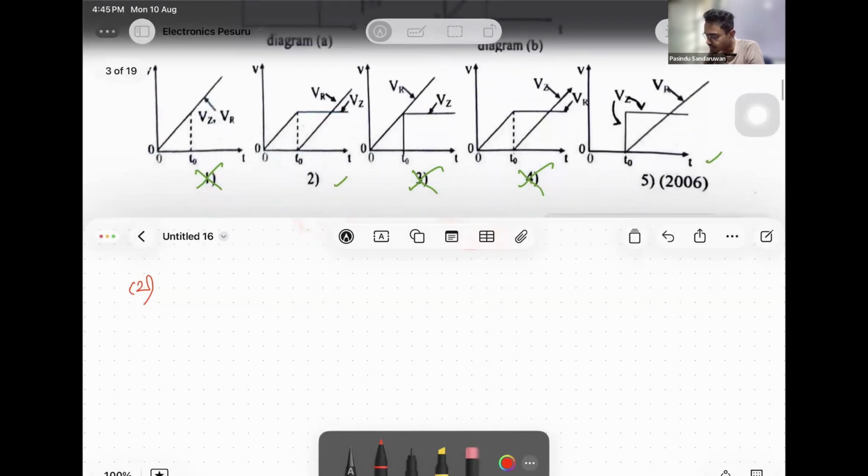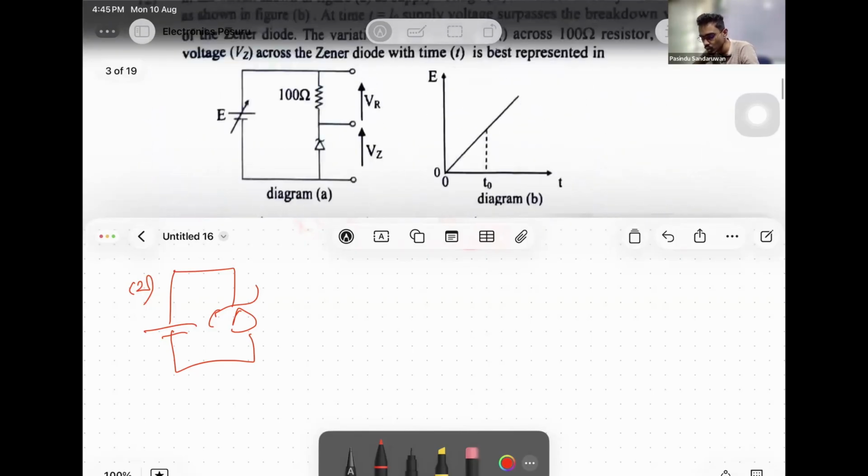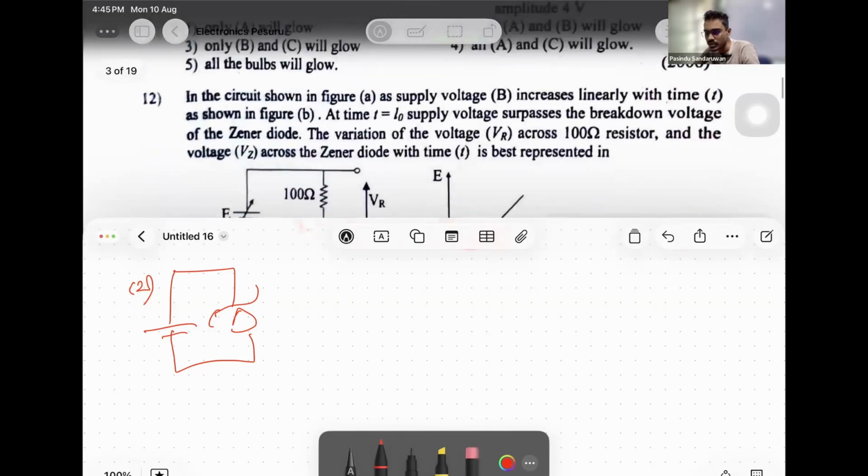Then it cannot be 0. There is a potential difference across the Zener diode until it functions. So it is definitely 2.